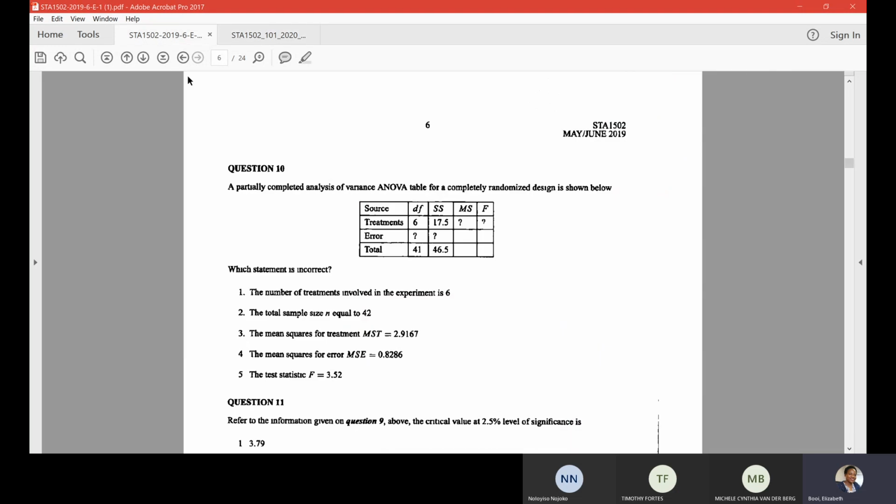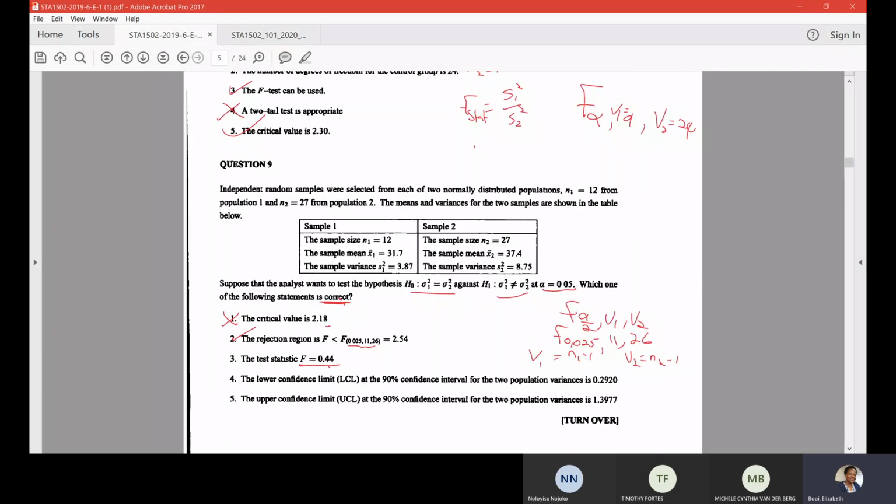My bad. We need to go back to question number 9. We did it all wrong. So this says it is less than, so it should be saying greater than. The region of rejection will be on the greater than side, not the less than side. Sorry, my bad. So that will be incorrect.